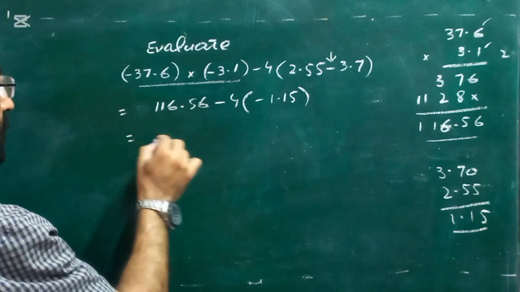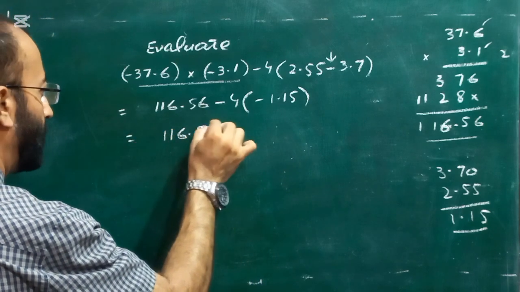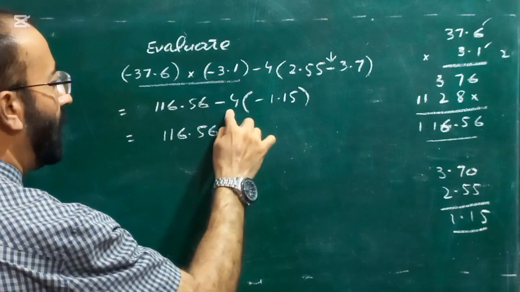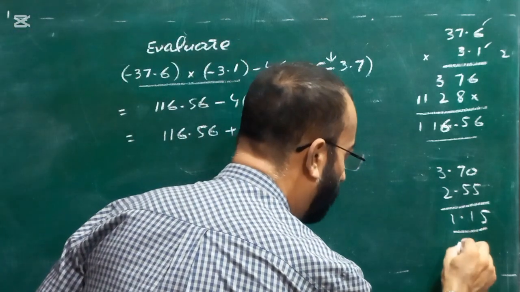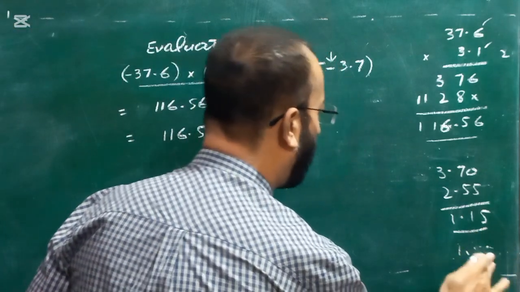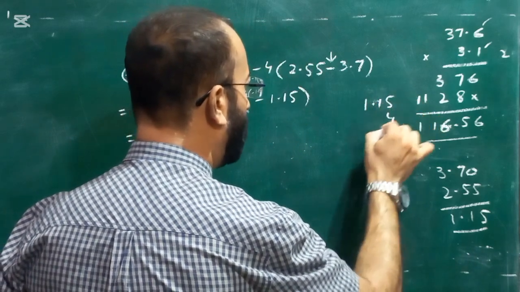Okay, at this stage we will open the bracket. So 116.56, and this minus minus will become positive. Now we are going to multiply 1.15 with 4. Look, 1.15 is going to be multiplied with 4.